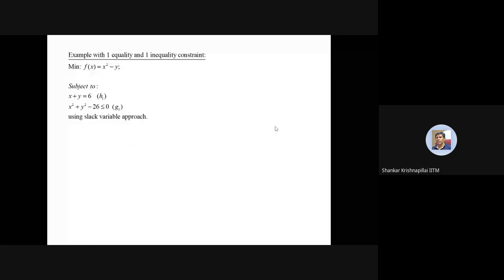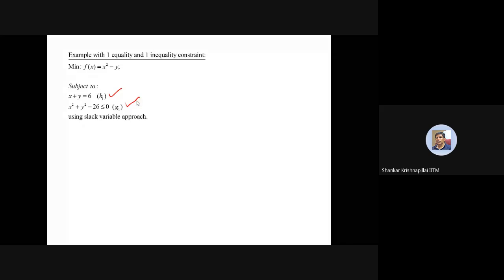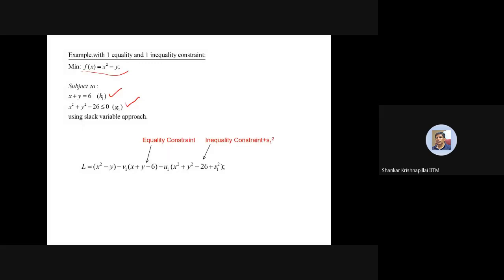In this problem, there is one equality constraint and one inequality constraint. So how do we solve it with the slack variable approach? This objective function will come here, and the equality constraint will come here.